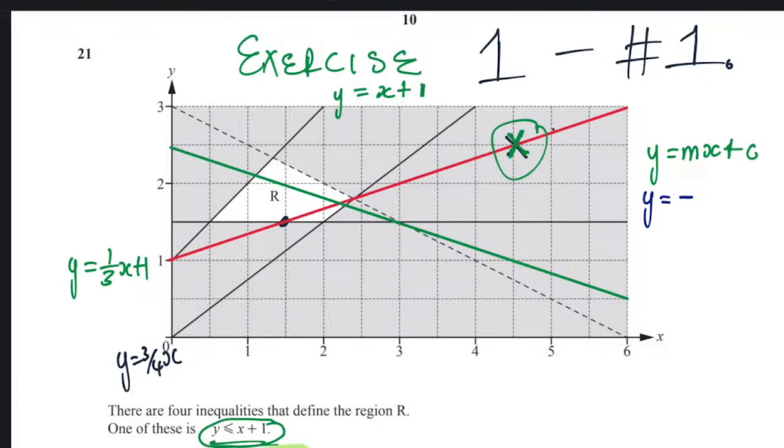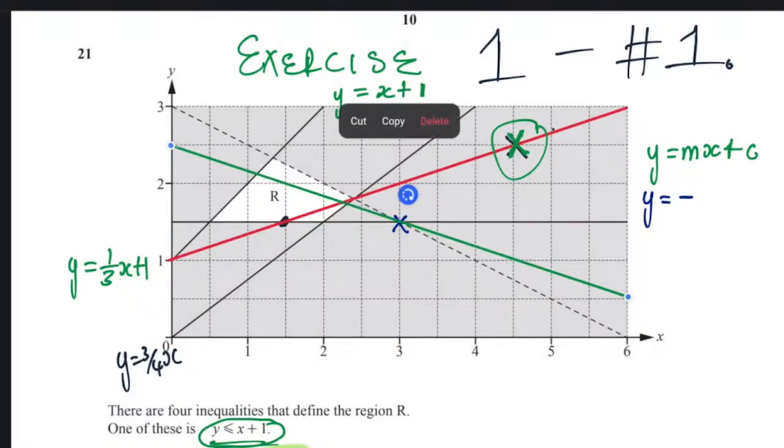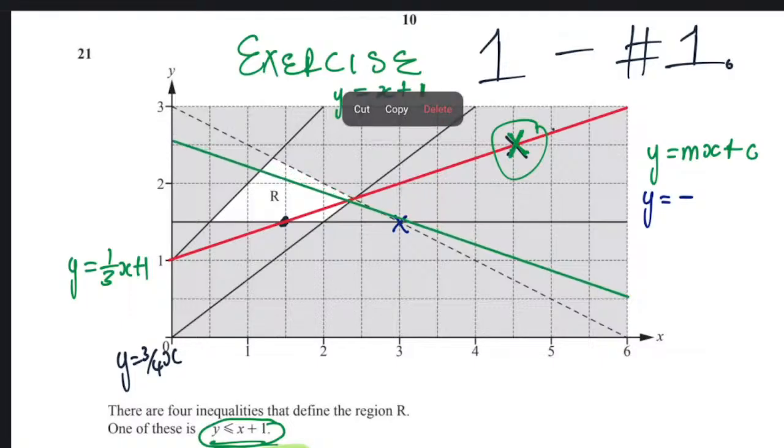Now, pick a nice point on this green line. From where you started, until you got to this point where it cuts here, how much did you move in the y?